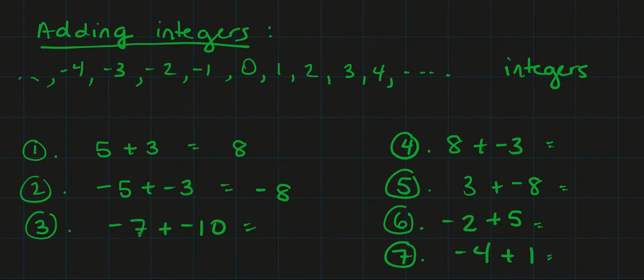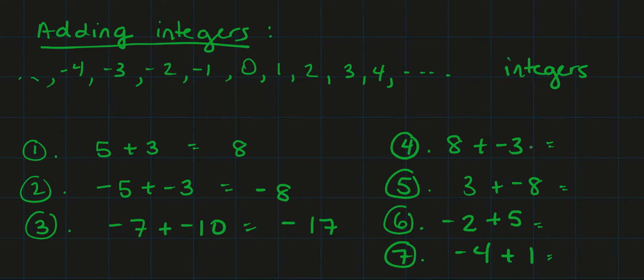Okay? So here, these both have the same sign, so they're both going to be negative, and 7 plus 10 is 17, so we get a negative 17. Positive, positive make a positive, negative and negative is a negative. These two are also negative, so we get a negative. So that's the first three problems.